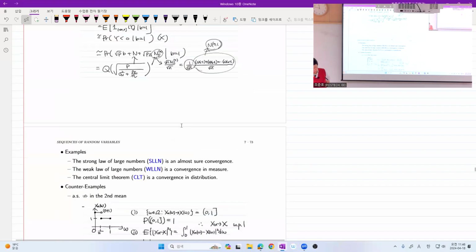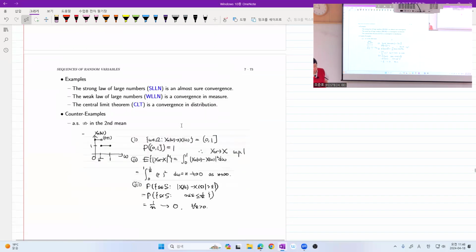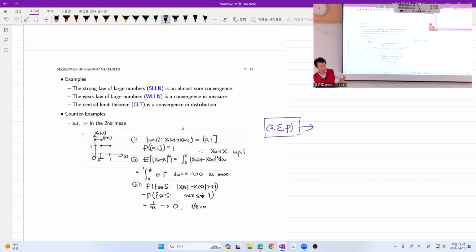So let me see. First, let's see the case where almost sure convergence does not imply convergence in the second mean. In order to make everything simple, we consider some cases like this. Here we have a random number generator that generates, in this case I noted omega, a uniform random variable on 0, 1, a continuous uniform random variable on this interval.